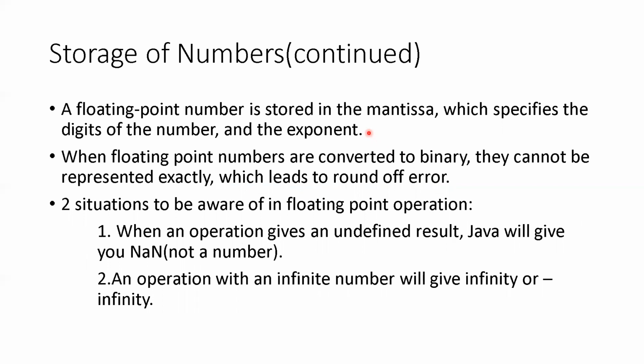When floating point numbers are converted to binary, they can't be represented exactly, which leads to something called a round-off error. Two situations you need to be aware of within floating point operations: number one, when an operation gives you an undefined result, Java will give you NaN, or not a number. Number two, an operation with an infinite number will give you infinity or negative infinity.